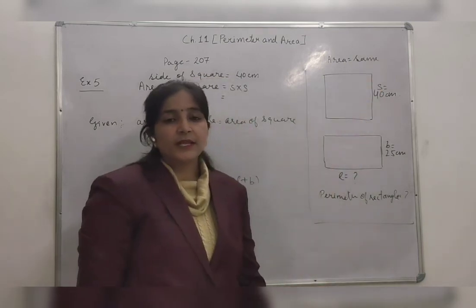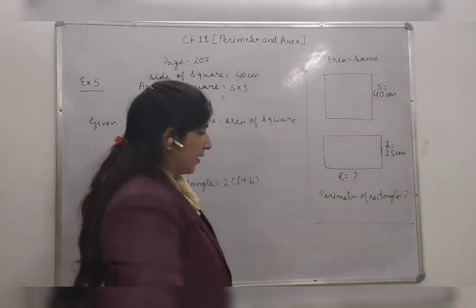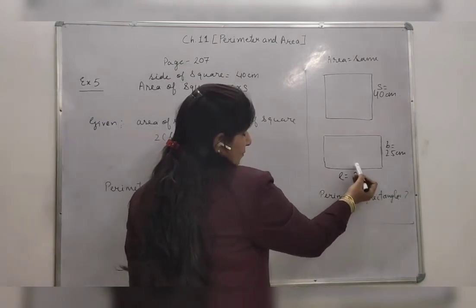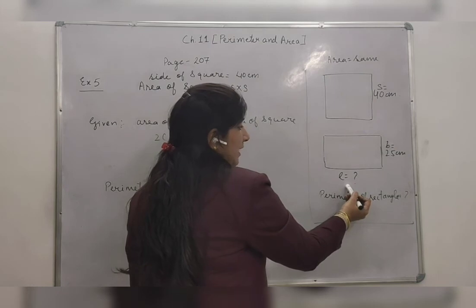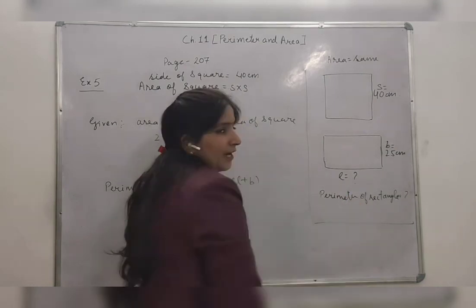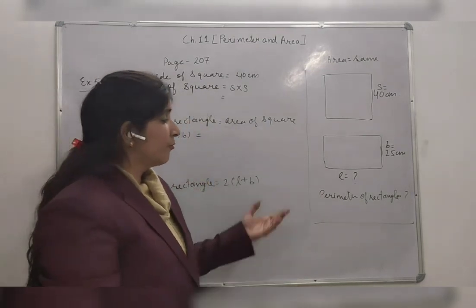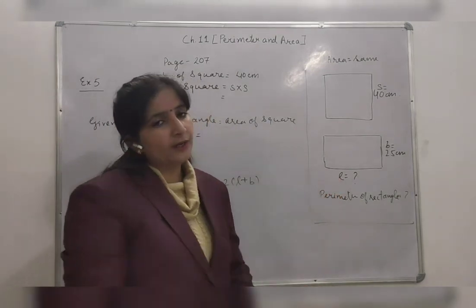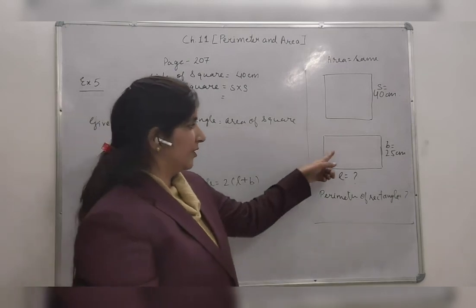It is given that the area is equal. Fine. And first part, we need to find out the length of the rectangle. And second part in the same question is we need to find out the perimeter of the rectangle. So of course first we find out the length, then only we will find out the perimeter of this rectangle.